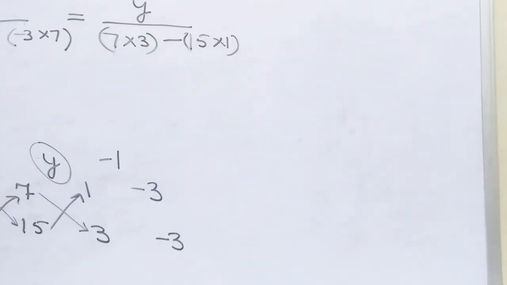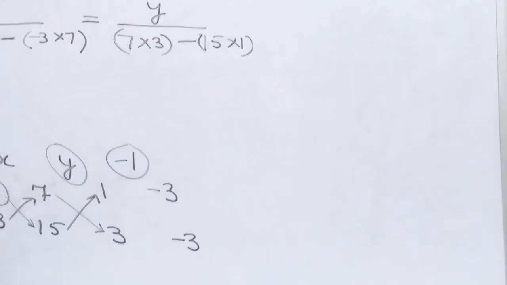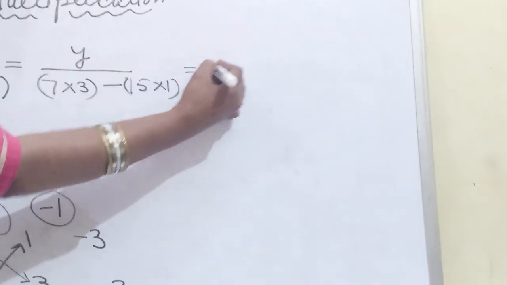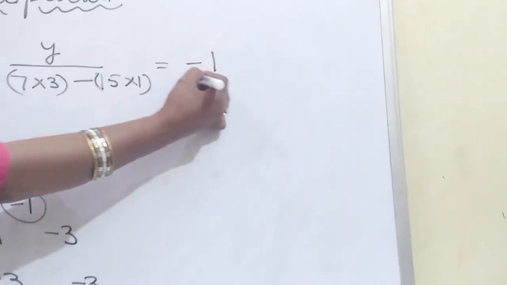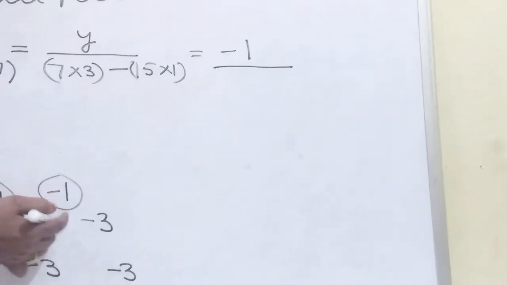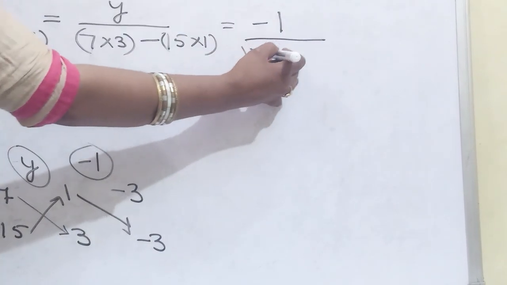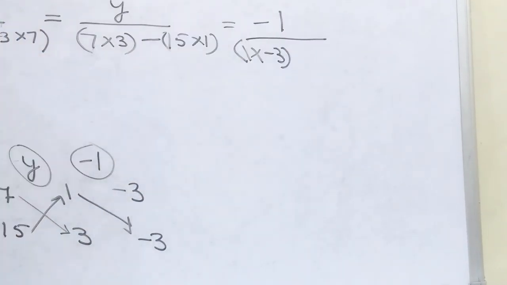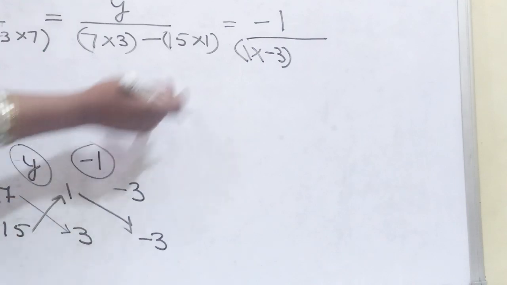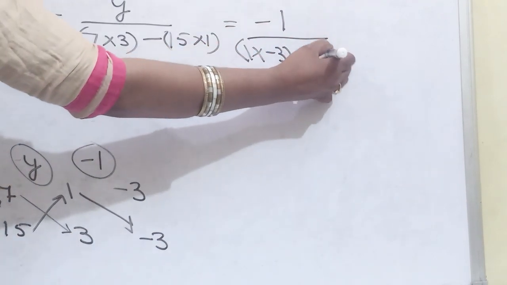Now we apply this for minus 1. It is minus 1 upon 1 into minus 3 minus minus 3 into minus 3.